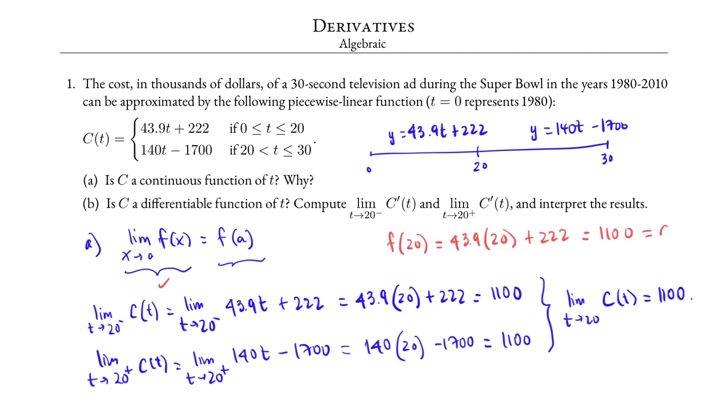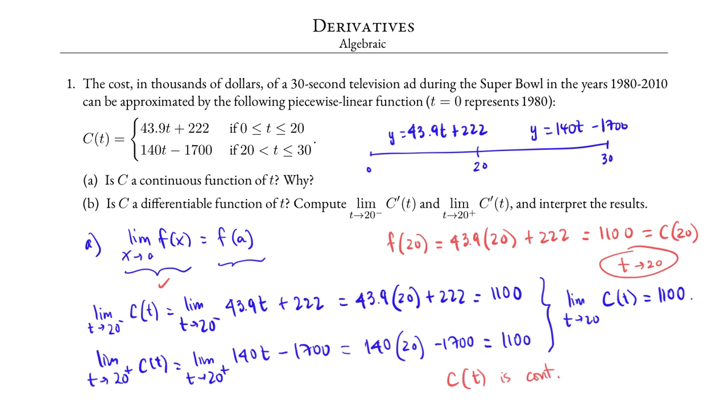Since the value of the function is the same as the limit as t approaches 20, we say that C(t) is continuous everywhere on its domain.